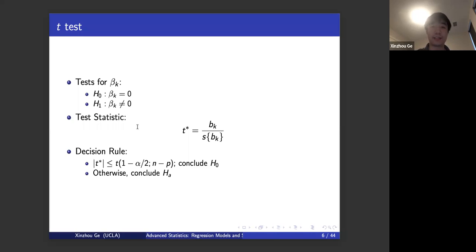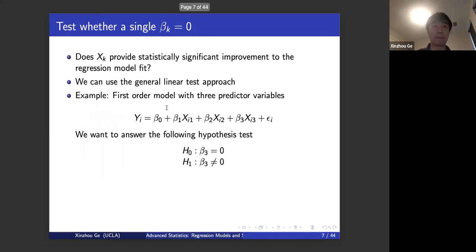And the test statistic is still the t star, which is the difference between b_k and 0 over the SE of b_k, where S is the estimate of the variance. Then we calculate its p-value and compare this p-value with the threshold and get the conclusion about whether this beta k is equal to 0 or not.